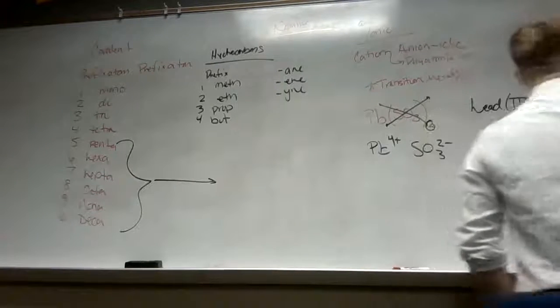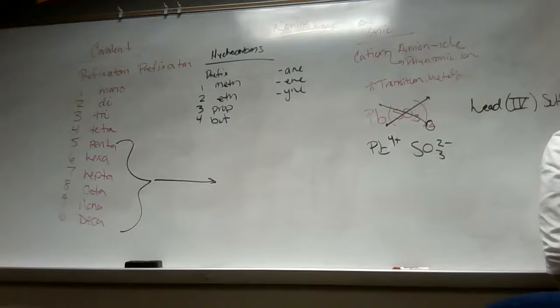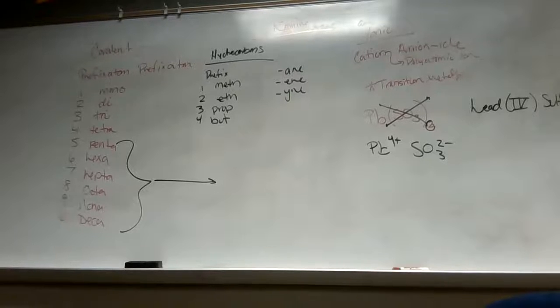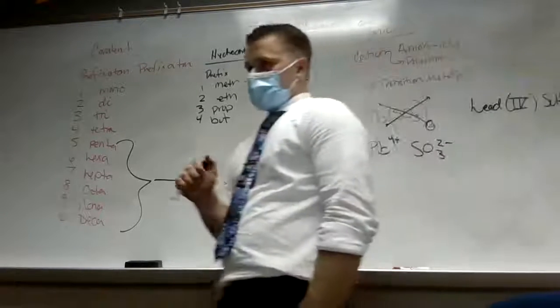If it is a polyatomic ion ending in ate, we have whatever it is, ic acid. And if we have our polyatomic ion ending in ite, we have whatever it is, ous acid. Does that make sense?